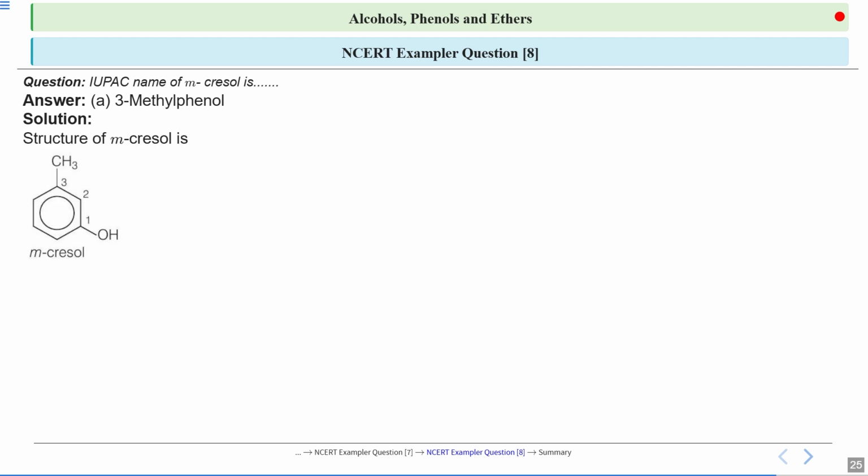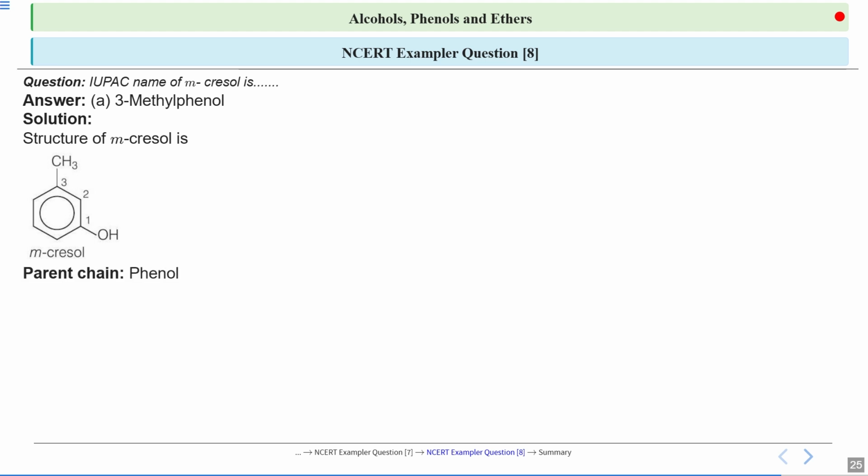If you talk about the structure of metacresol, this is the given structure. We have phenol, and at the third position, or the meta position of the benzene with respect to the OH group, we have a methyl attached. So that's why the name is metacresol. Now this is the common name of this molecule.